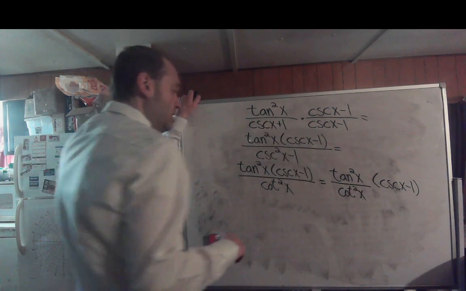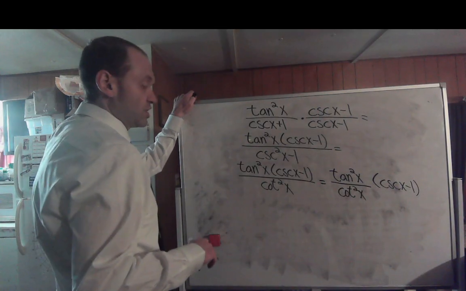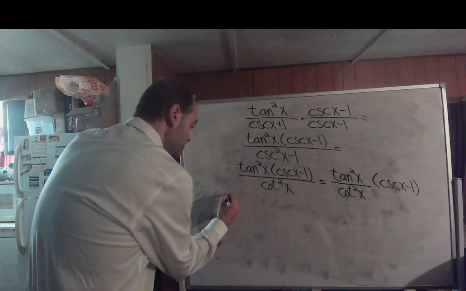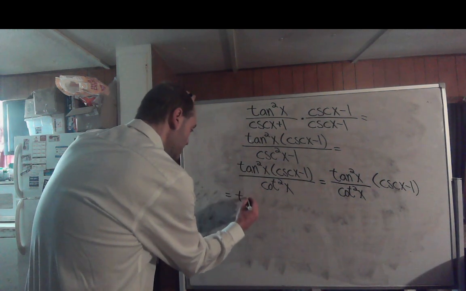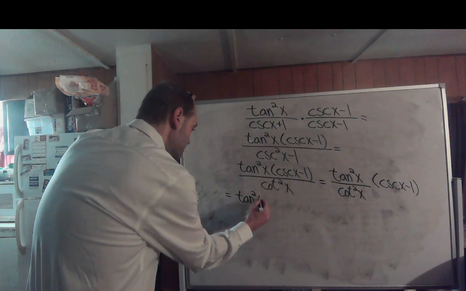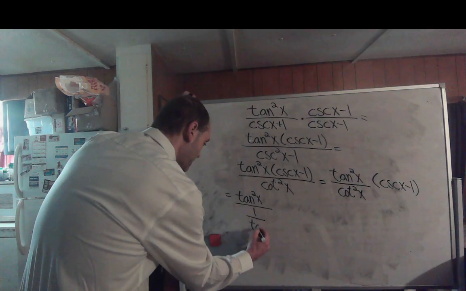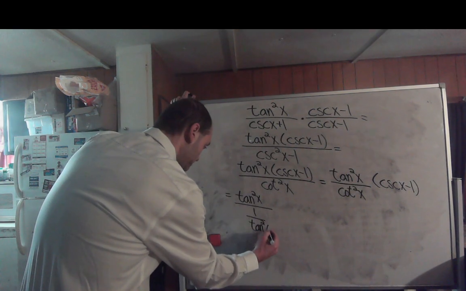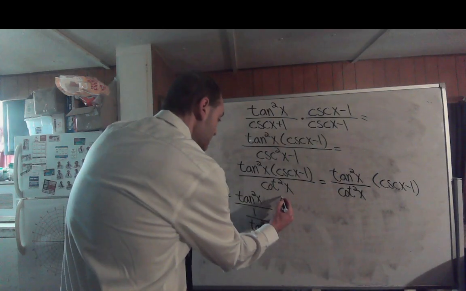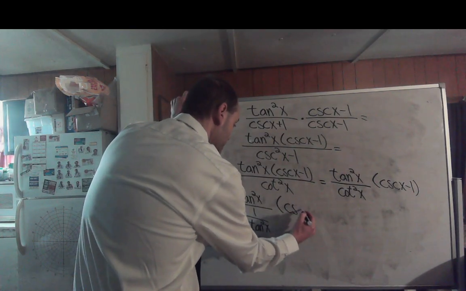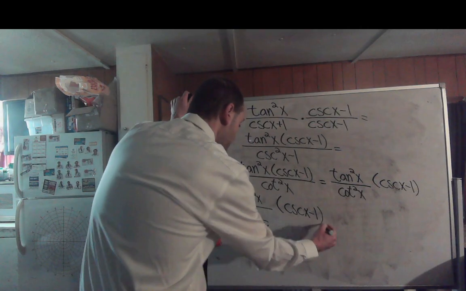Okay, well, we need to take tangent over cotangent. So this is going to be the same as tangent squared of x all over 1 over tangent squared of x times the cosecant of x minus 1.